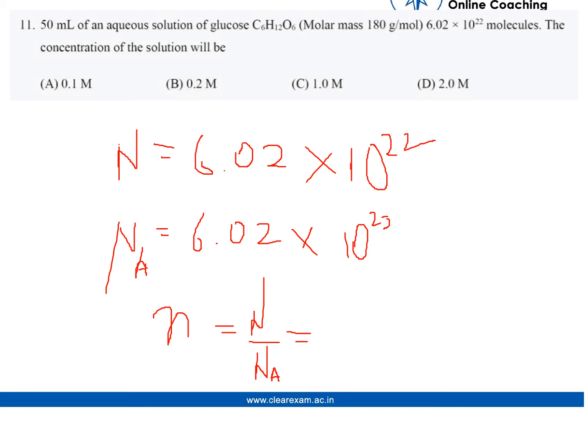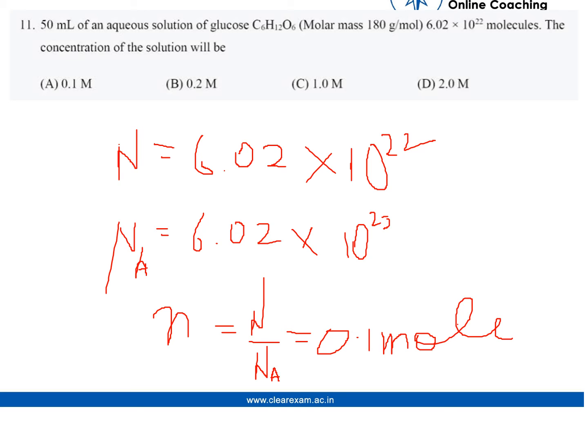After calculating that, we get 0.1 moles.